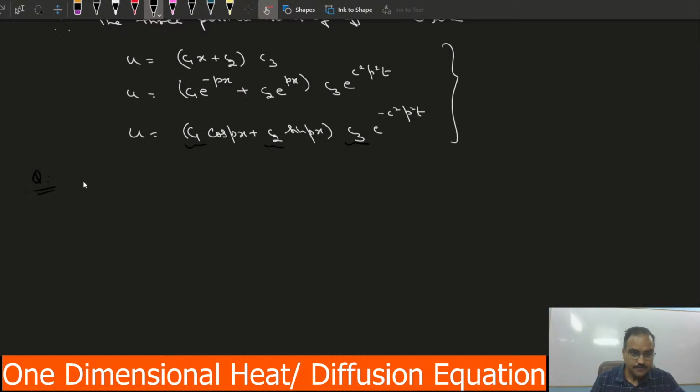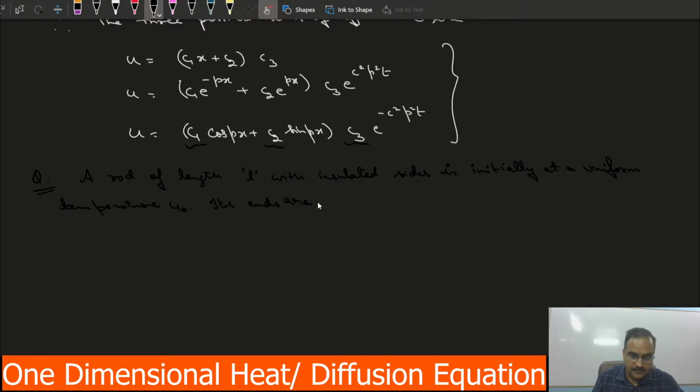Now the question is: a rod of length L with insulated sides is initially at a uniform temperature U0.